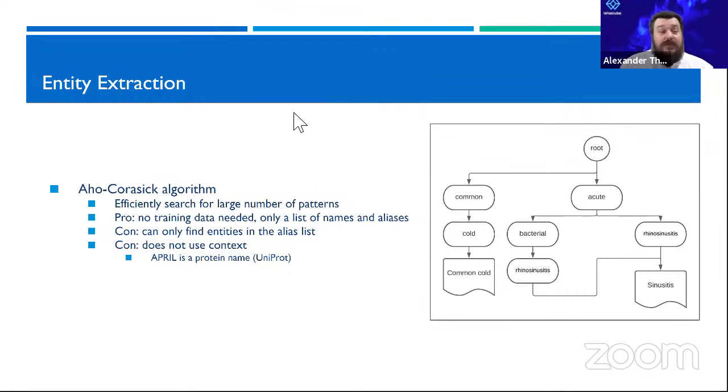So the pro is that no training data is needed. You only need a list of names and aliases, and you're ready to go. The cons are that it will only find the entities in the alias list, and it doesn't use context, which means that you can get a lot of false positives. So, for example, there's a protein, one of whose aliases is APRIL, written in all caps.